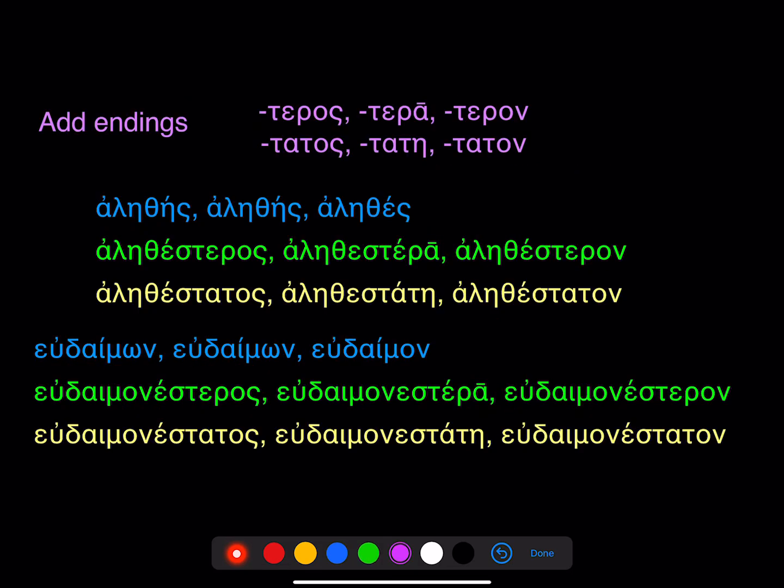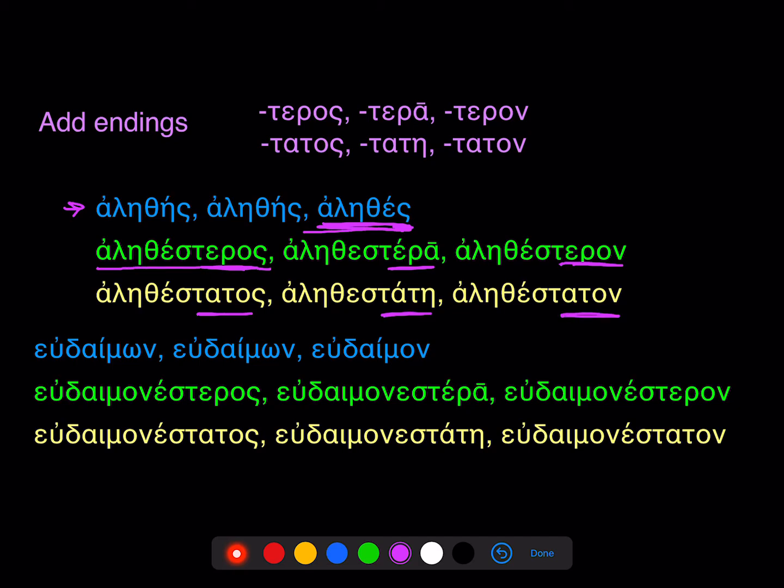All right, another exception to that rule we just learned is adjectives that have a stem that ends in sigma. And in fact, the only one we know is alethes. Then you take that stem that ends in a sigma and you add the teros, tera, teron endings and the tatos, tate, taton endings directly to the stem.